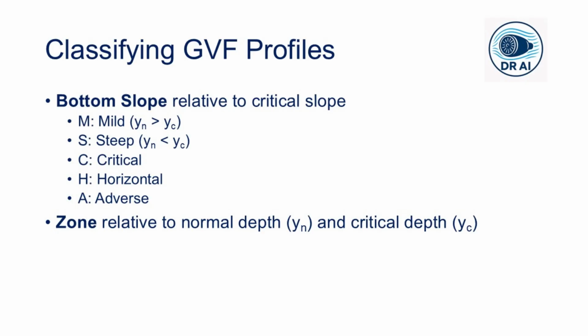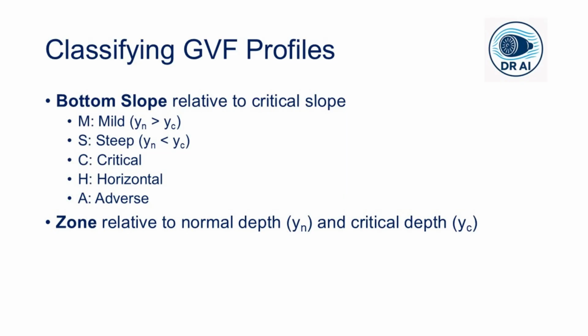Now, this leads us to the classic classification of gradually varied flow profiles. We have to mention that there are many possible configurations, and standard references like French in 1992 and Chow in 1959 provide detailed classifications. So the profiles are typically named based on two factors.